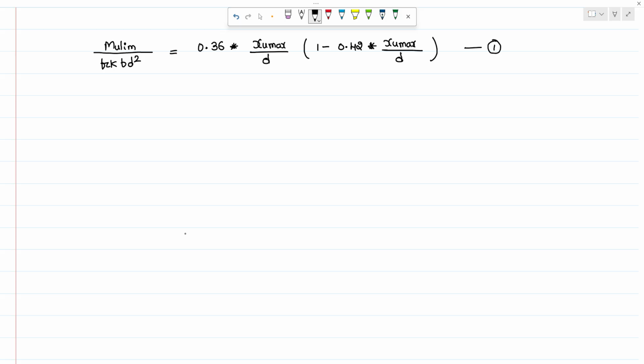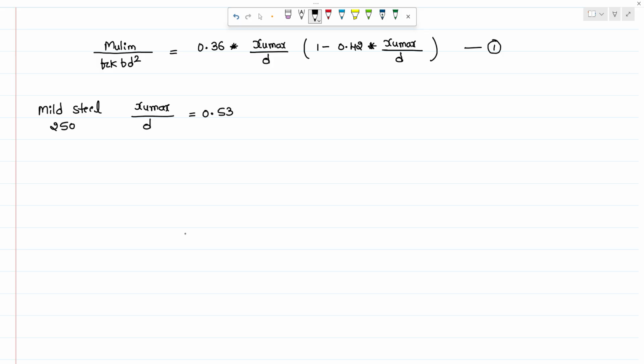So first I will evaluate the limiting moment of resistance index for mild steel. For mild steel, its grade will be 250. For 250 grade, the xu max by d value will be 0.53.